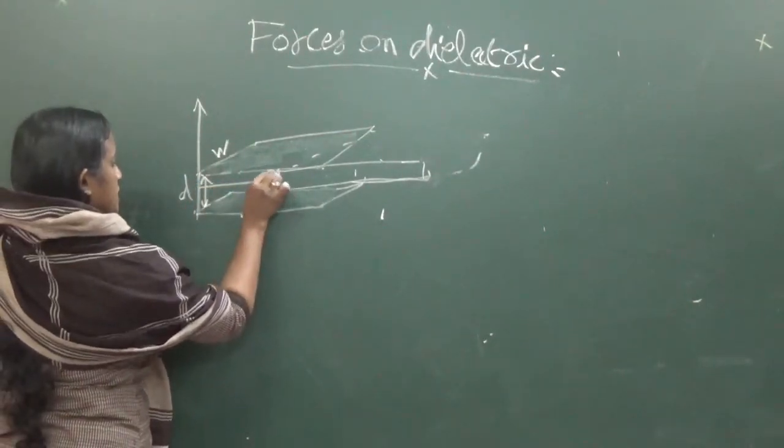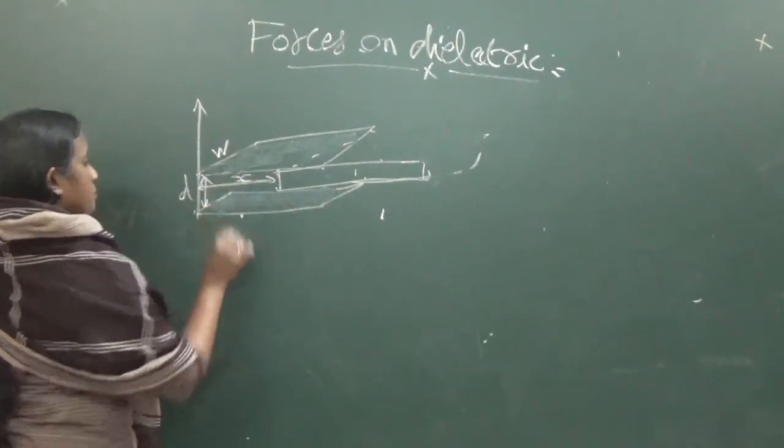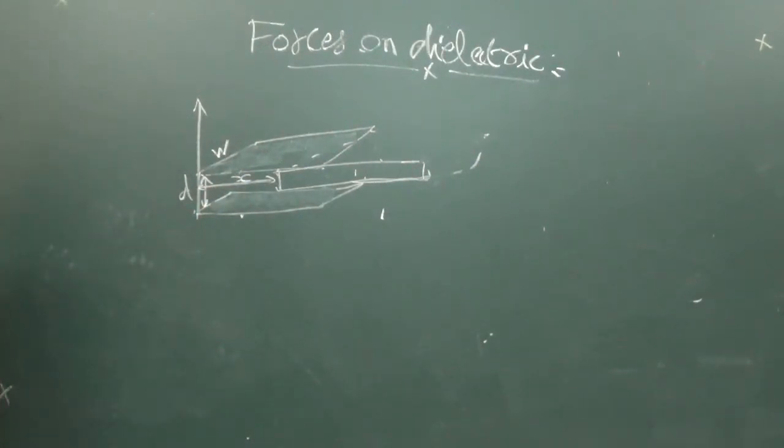Suppose this distance is given by x. Okay, this is our system.